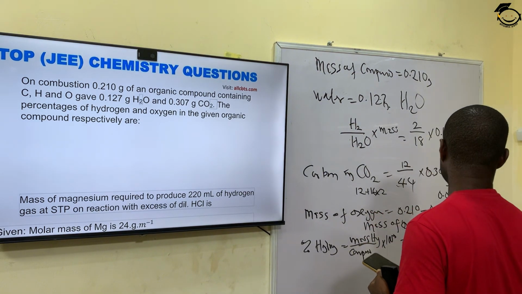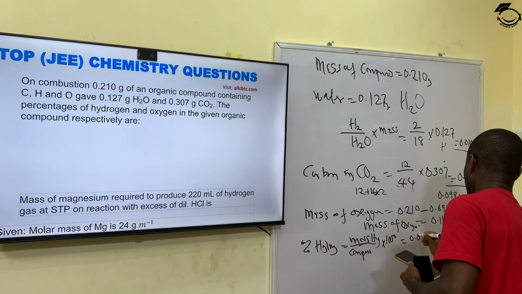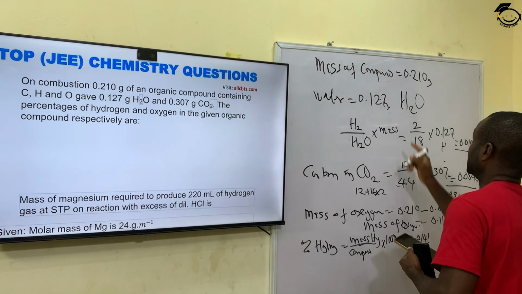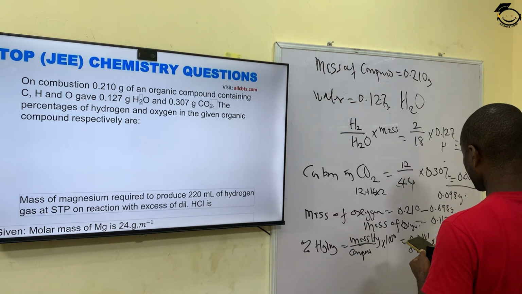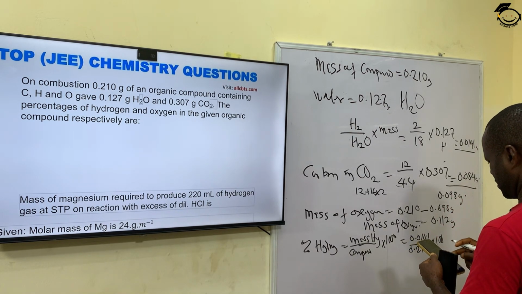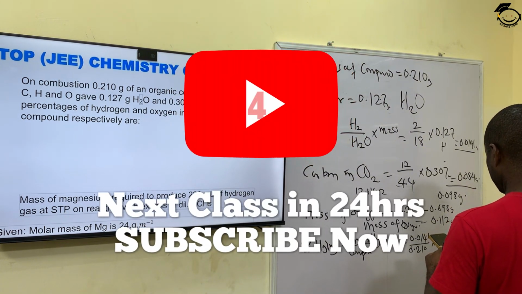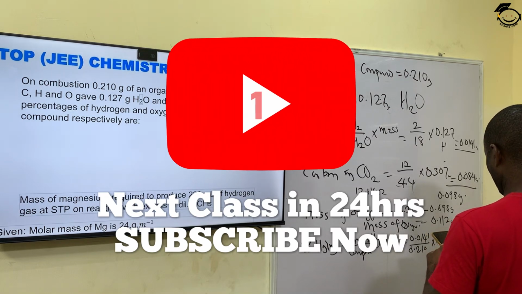That is 0.0141 over 0.210 times 100. That gives us 1.41 over 0.21.